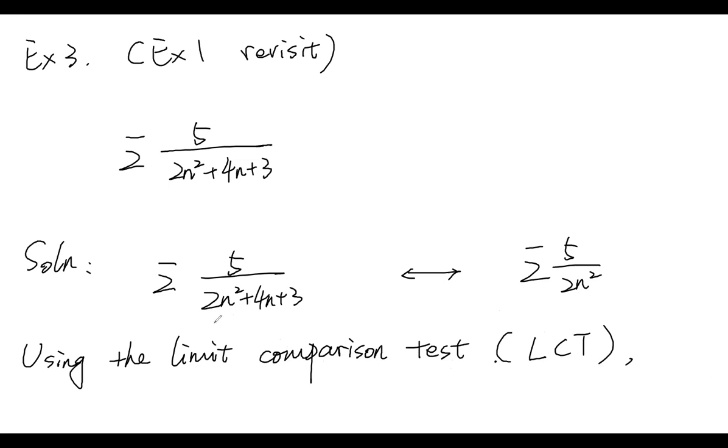In this case, this is the original series, which is labeled as AN. This is the new series you want to compare the original series to. So this is our BN. And the limit of the ratio AN divided by BN, n goes to infinity.